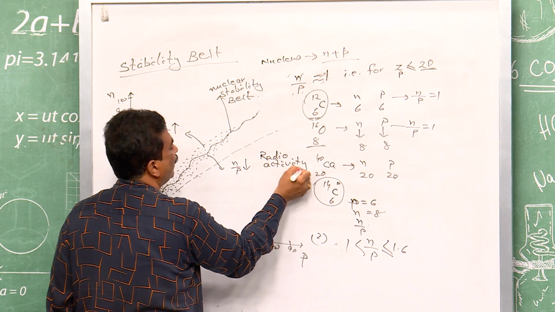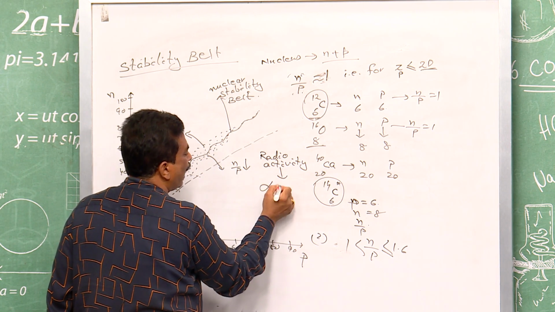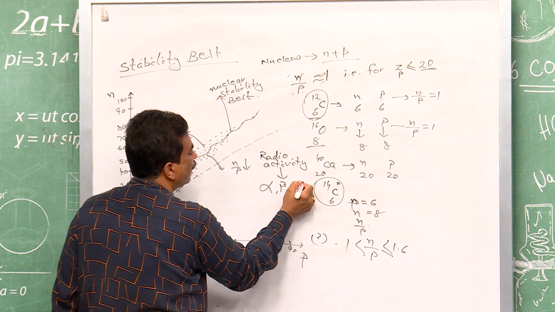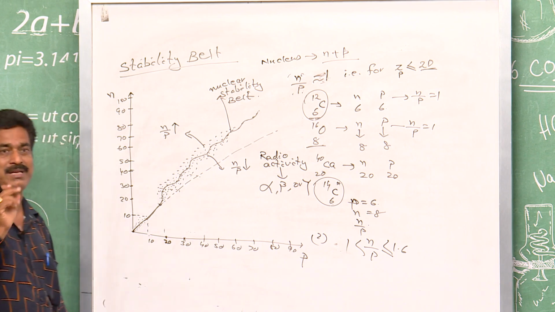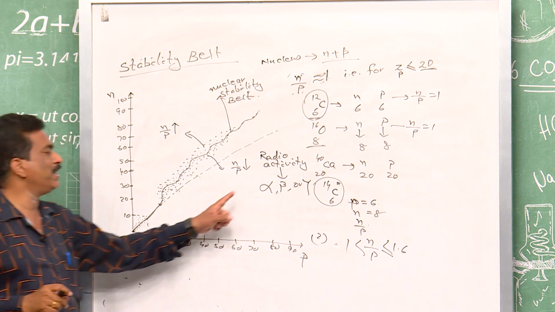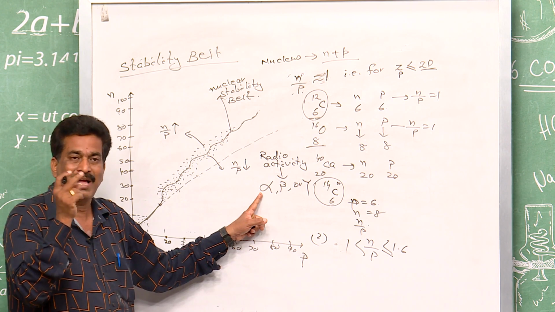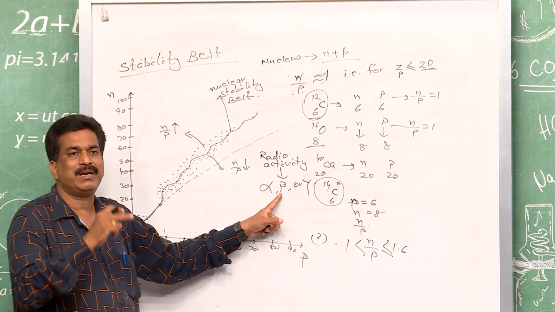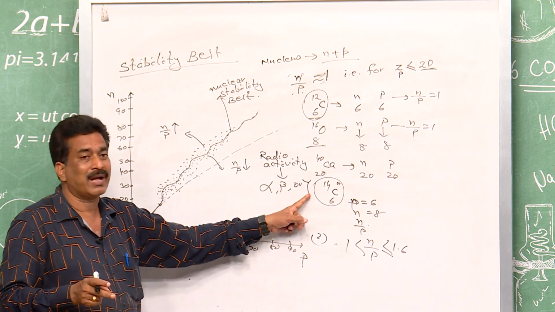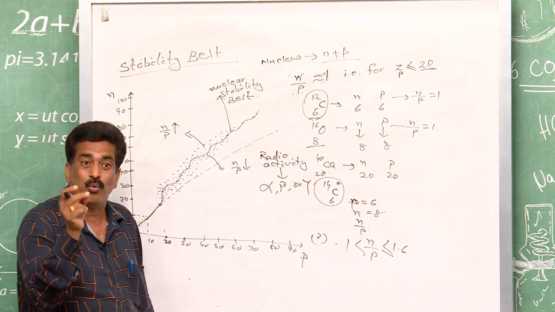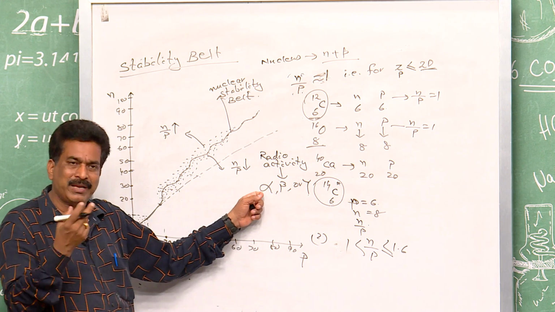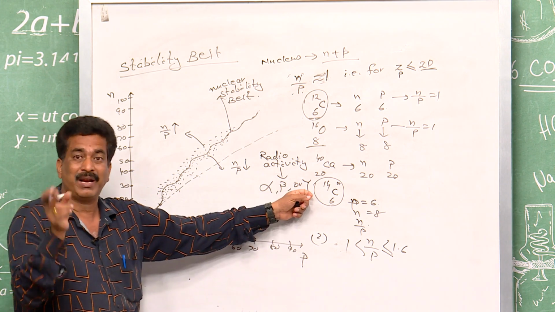Radioactivity means it emits either alpha, beta or gamma. It may emit an alpha particle or a beta particle, but gamma is a wave. If an alpha particle is emitted, gamma rays come with it.